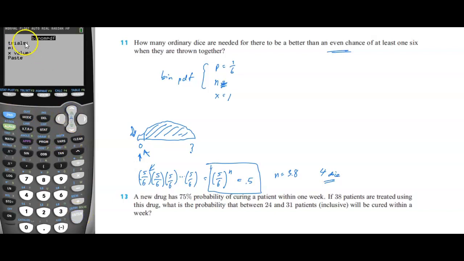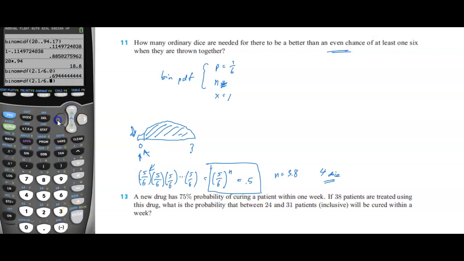And then you would put the number of trials being like 2. And then you would put 1/6 here. And then you would put 2 here, 0 here. And then you would see what that is. And it's a little bit too big. We want to make it go all the way down to 0.5.